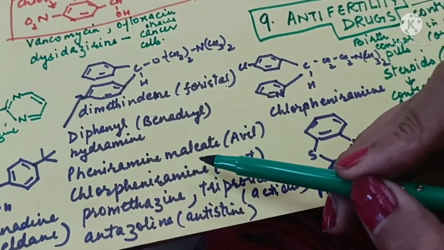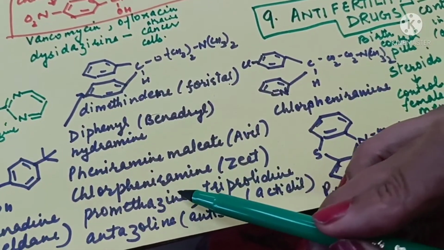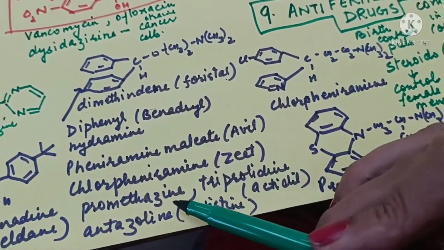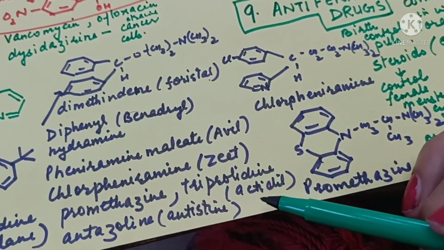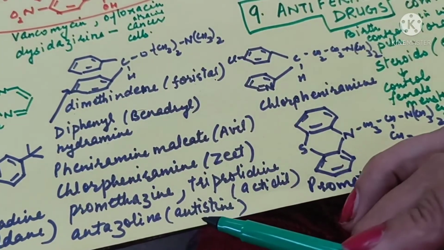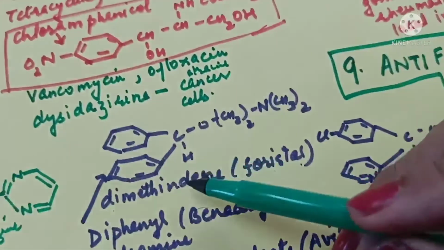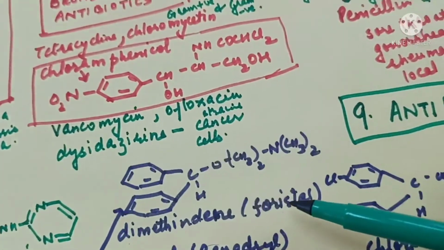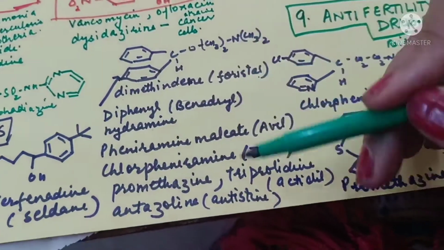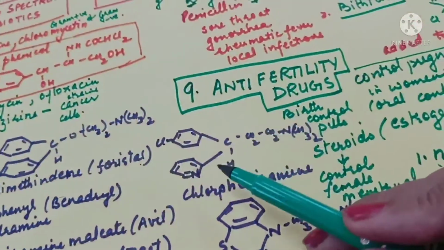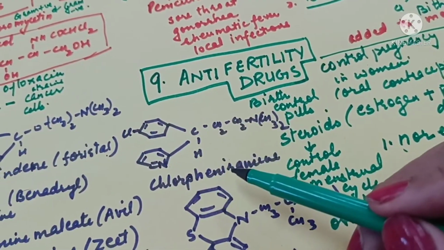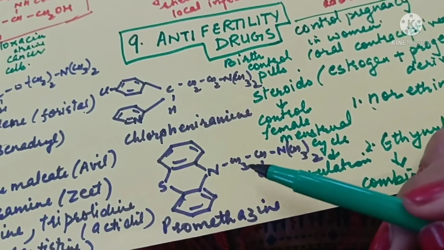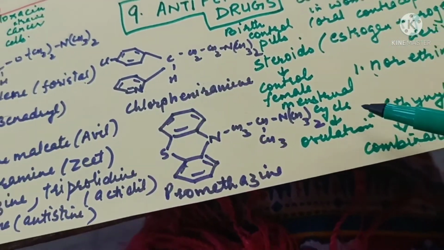Pheniramine maleate is Avil. Chlorpheniramine is Zeet. Promethazine, triprolidine is Actidil. And antazoline is Antistine. And we also have dimethindene, which is also known as Fenostil. All these are antihistamines. This is chlorpheniramine, another antihistamine. This is promethazine, an antihistamine.